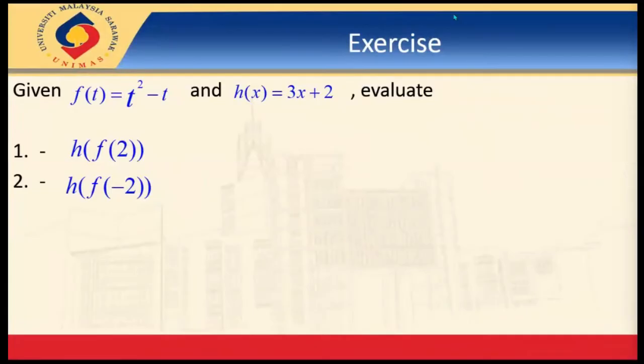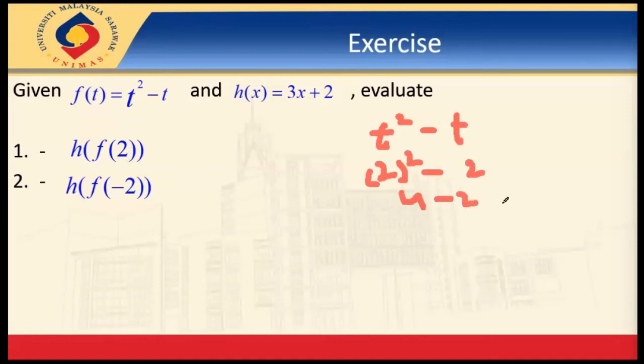Okay, so you see here, h of f of 2. So we know f of 2 is t square minus t, okay, so means replace each t by 2. So 2 square minus 2. 2 square is 4 and minus 2 equal to 2.